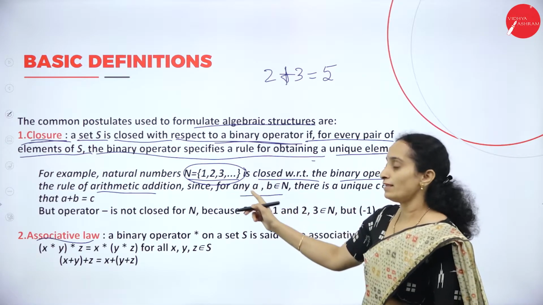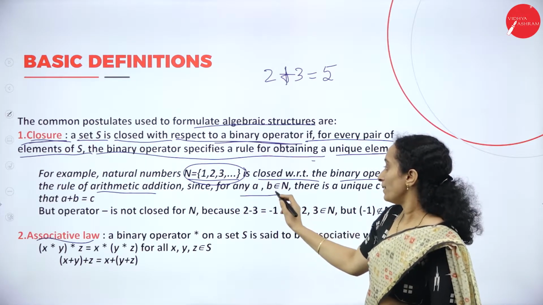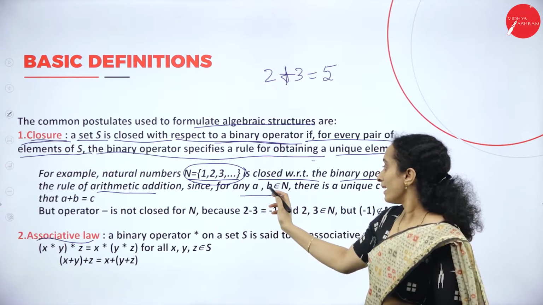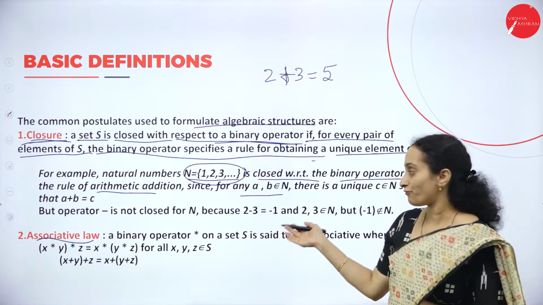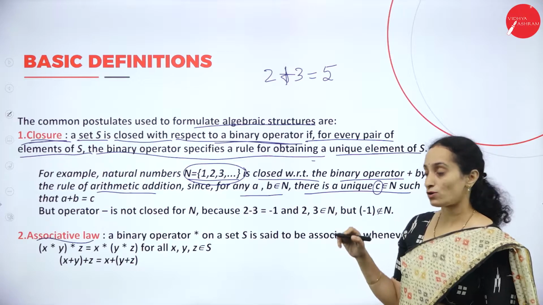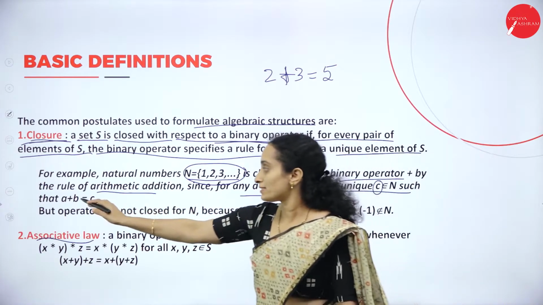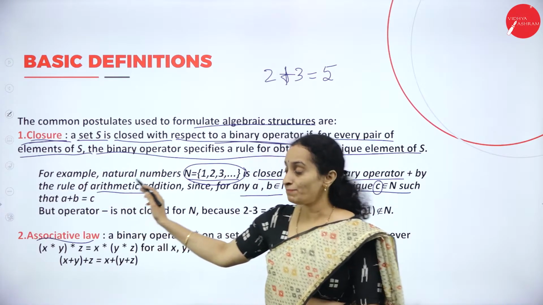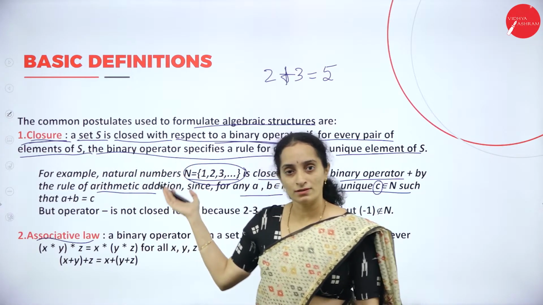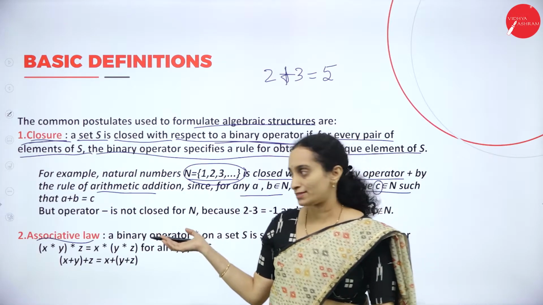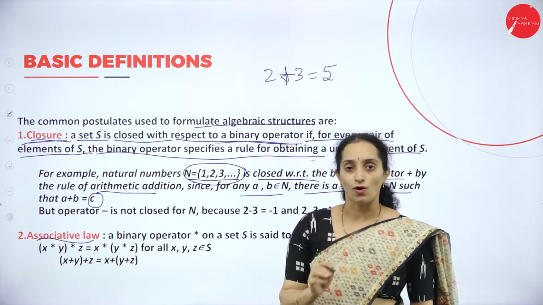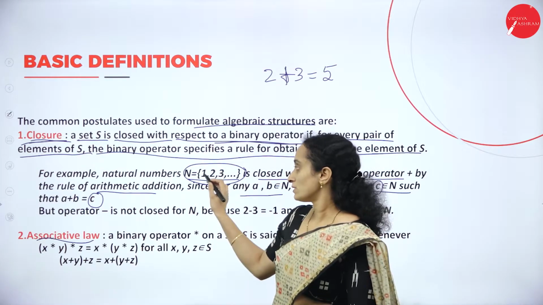Since for any A, B belonging to N, there is a unique element C which belongs to N. So A plus B generates C, where operands A and B belong to the set of natural numbers N. The resultant will also belong to the same set.